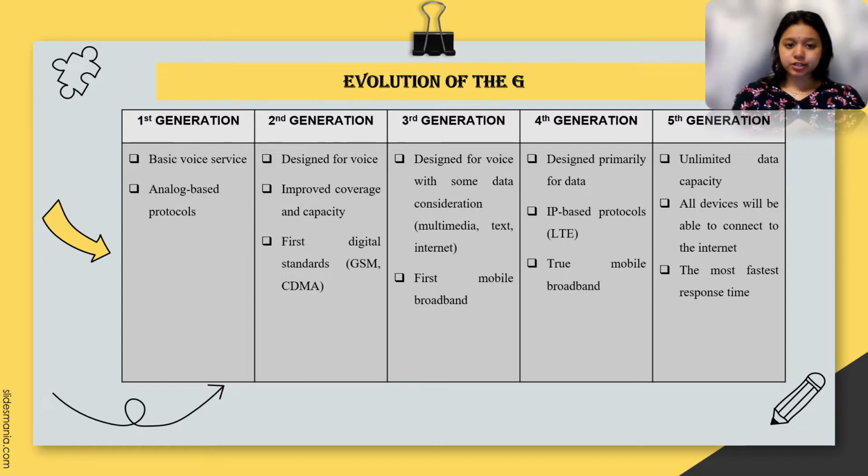The third generation is designed for voice with some data considerations like multimedia, text, and internet, and it is the first mobile broadband. The fourth generation is designed primarily for data, IP-based protocols, LTE, and true mobile broadband. The fifth generation has unlimited data capacity, all devices will be able to connect to the internet, and it has the fastest response time.